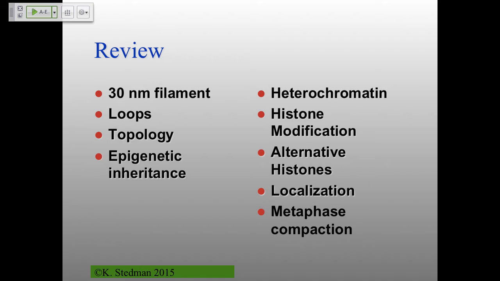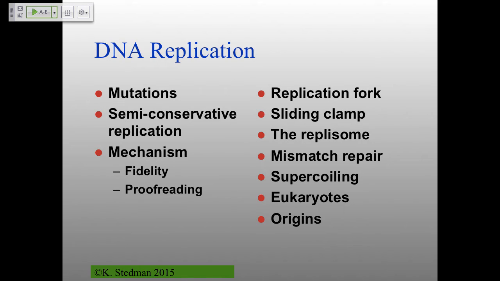Okay, good. So our review for today, we'll start talking a little bit about mutations. We'll talk a lot more about mutations when we talk about DNA repair. Then how replication works, semi-conservative replication. Hopefully this is something which is not new to you at all, but it was really new when Watson and Crick came up with their model for the structure in the very first place.